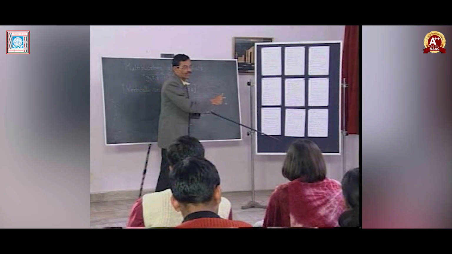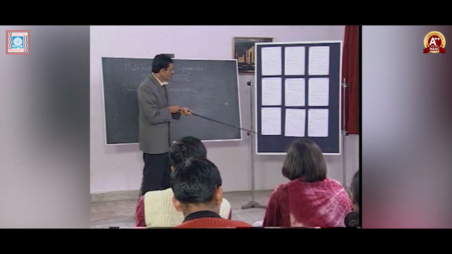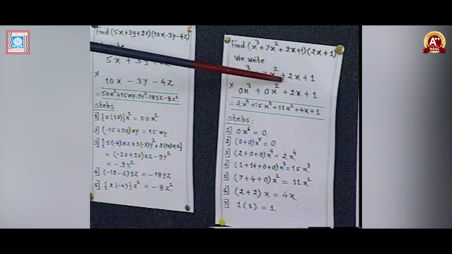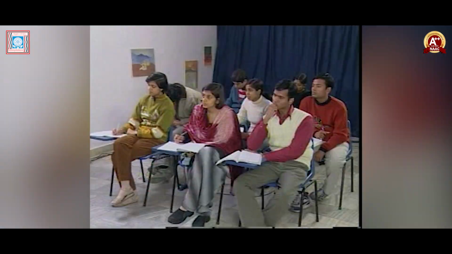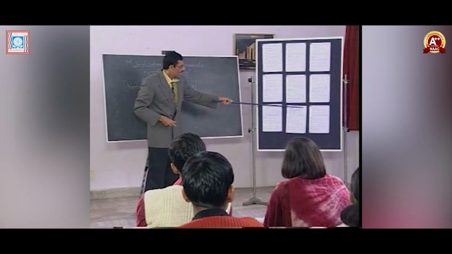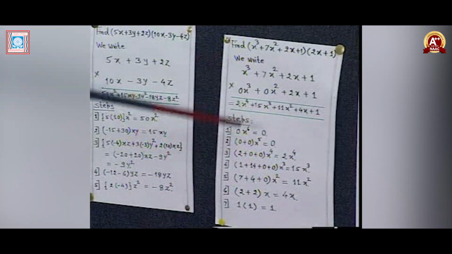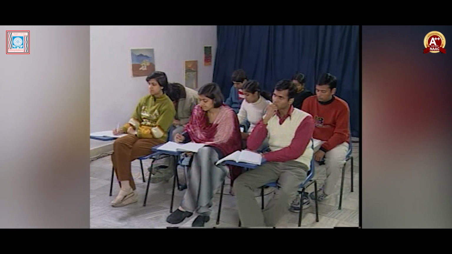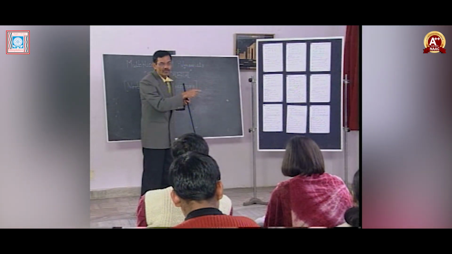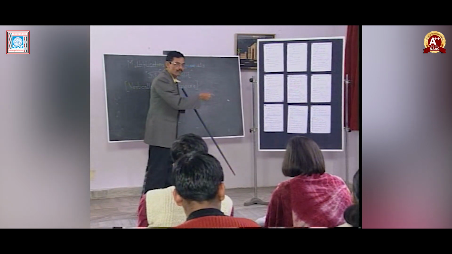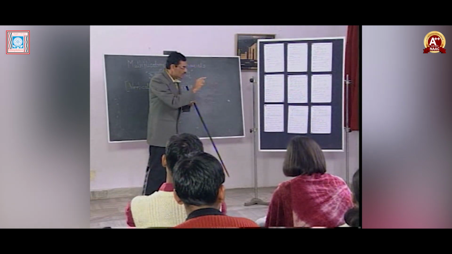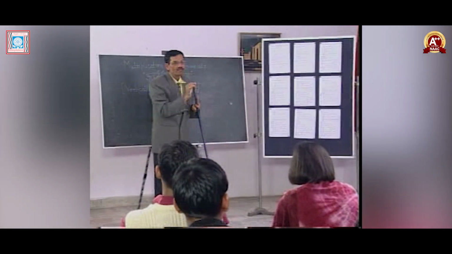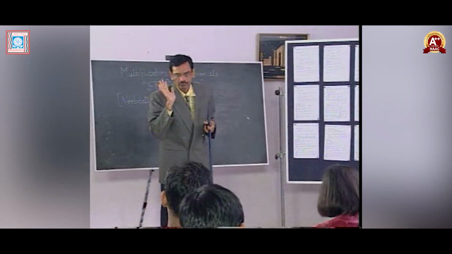While writing the structure for the multiplication, we will write the first polynomial as it is, x cube plus 7x square plus 2x plus 1, and the second one, 2x plus 1, is to be adjusted. If it is x square plus 1, we would have written 0x cube plus x square plus 0x plus 1.